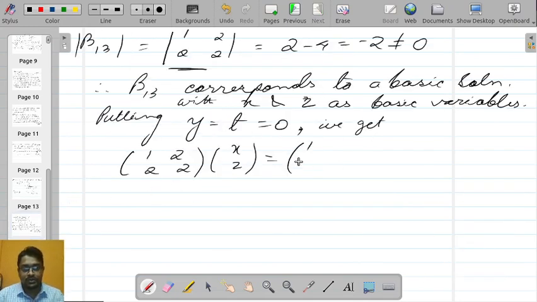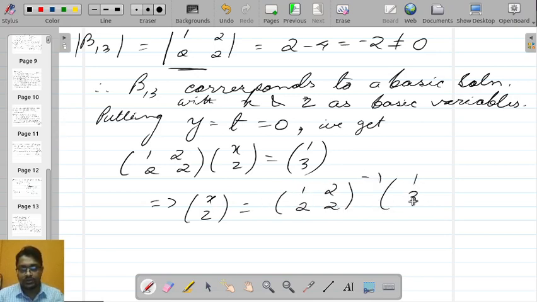So this implies x z equal to 1 2 2 2 whole inverse multiplied with 1 3, since we have already checked the determinant, so its inverse will exist. If you find the inverse, it's 1 divided by the determinant, 2 minus 4 is minus 2.